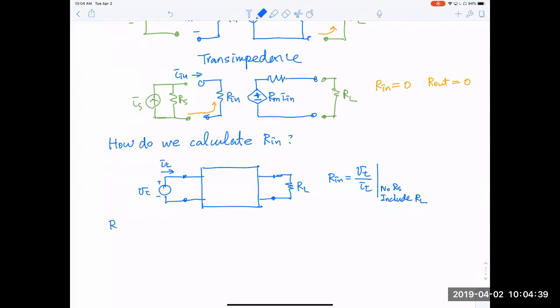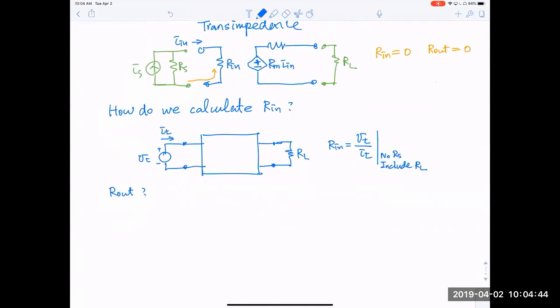Likewise, how do we estimate Rout? We do exactly the same thing. We short circuit the source just as we do for the Thevenin or Norton equivalent circuit, but we have to include RS. RL, we take it out, because that's the equivalent resistance RL sees.